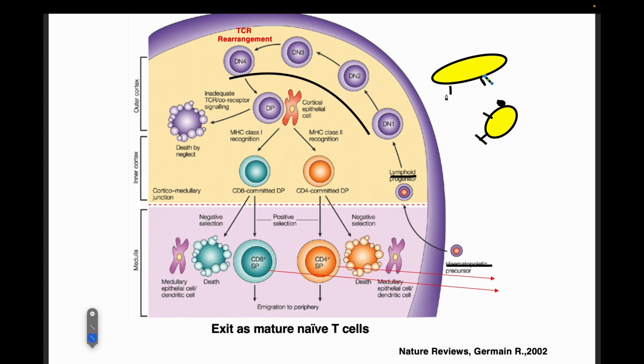It's a random process. ممكن يعني تعتمد على affinity. If the affinity between the CD4 and class 2 is higher than the affinity between CD8 and class 1, هنا it will bind to class 2 MHC وراح تصير عندنا CD4 committed double positive.